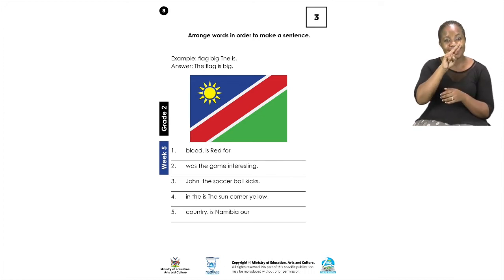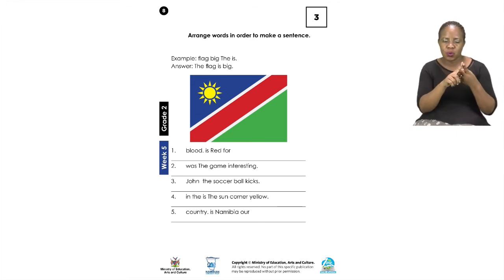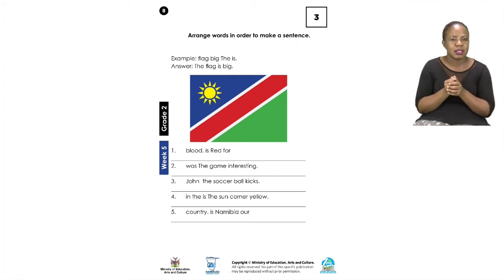Now, normally the word or the article the is followed by a noun. And we have 2 nouns. We have corner and sun. But in this case, we are going to put the color that we can see because we want the yellow sun.